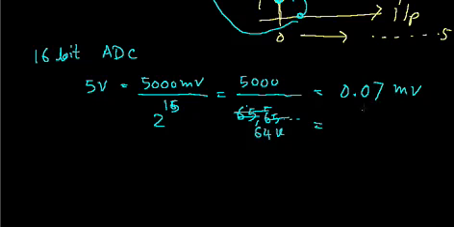So, it comes out to be 70 microvolts. If the input changes by nearly 70 microvolt, the output can change. That way, a 16-bit ADC is better as compared with an 8-bit ADC.